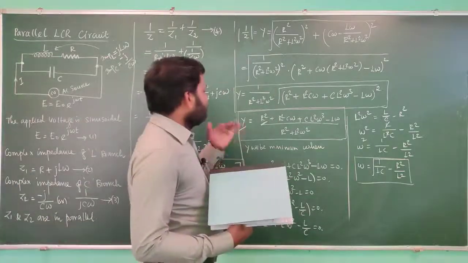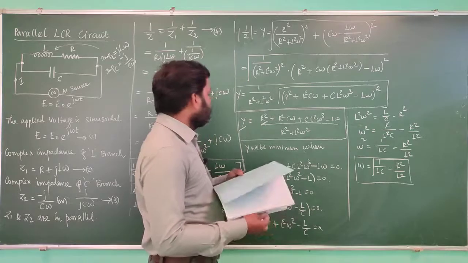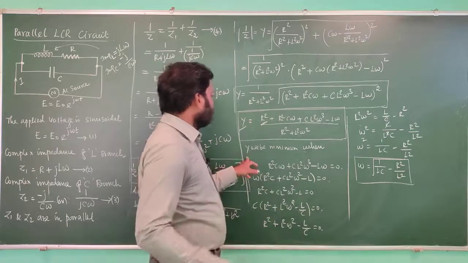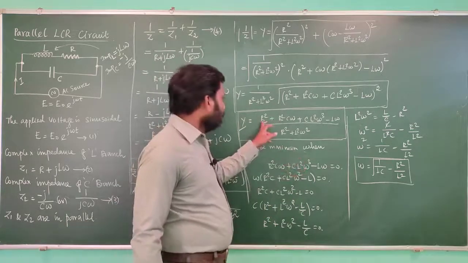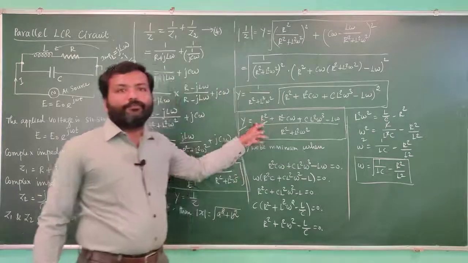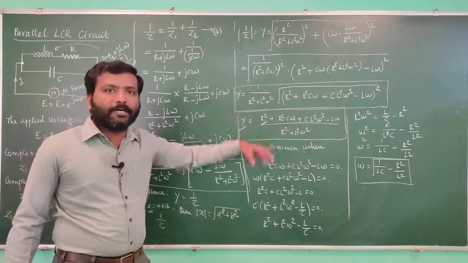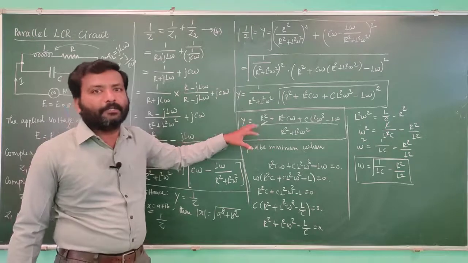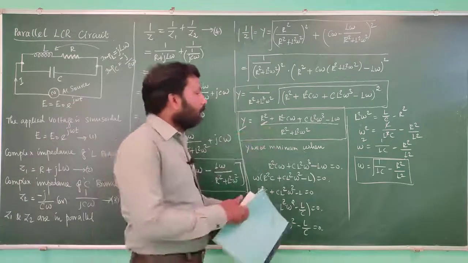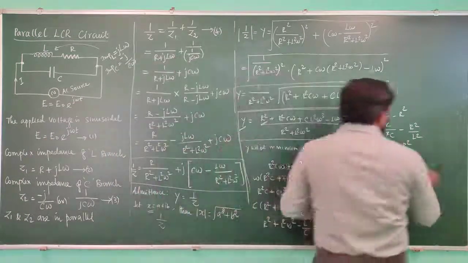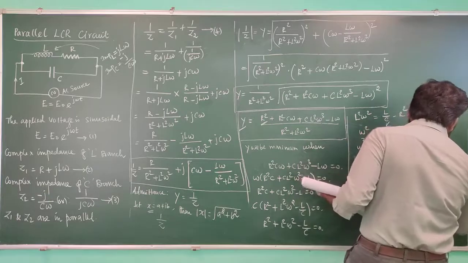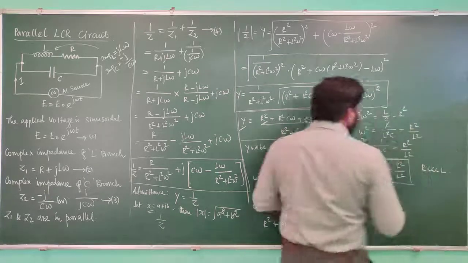Suppose you want to make y minimum, you have to make this r also as small as possible, but you cannot nullify it. Let's take r to be very small when compared to l.